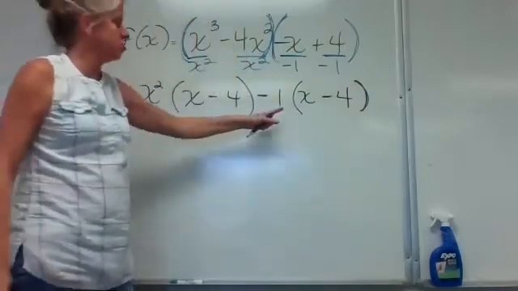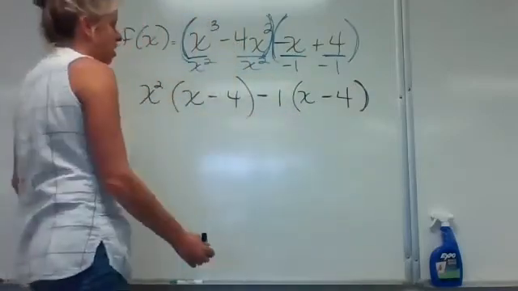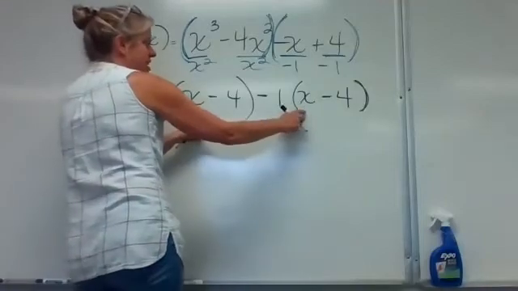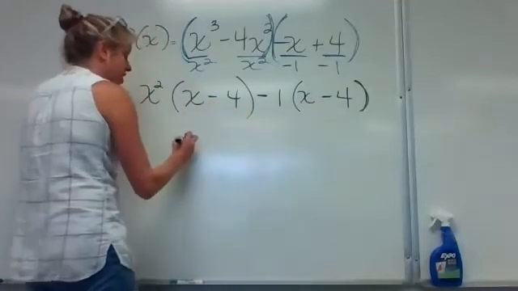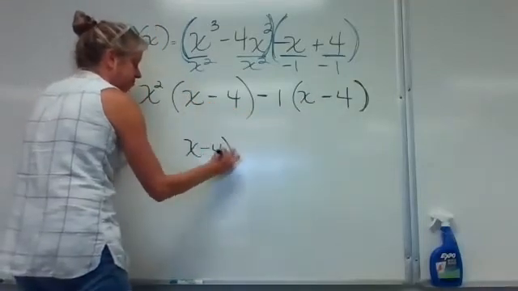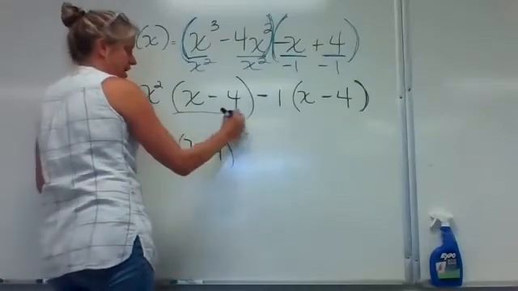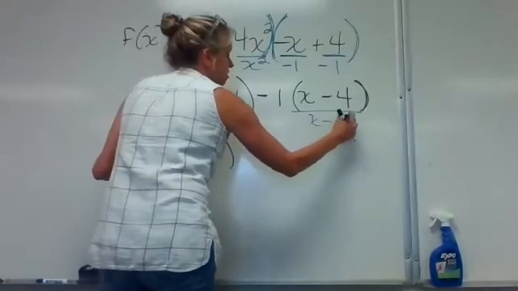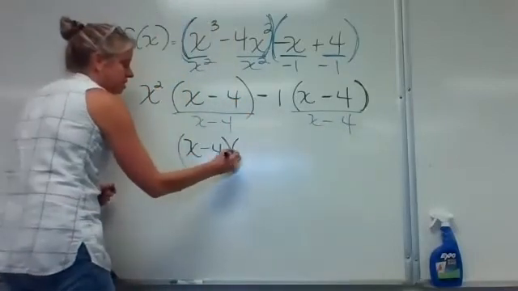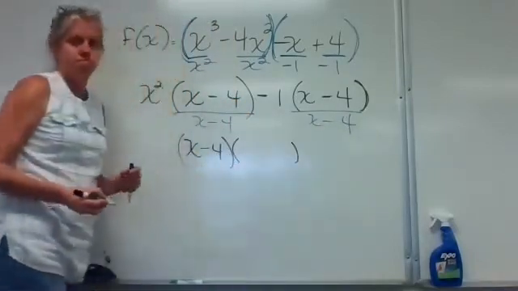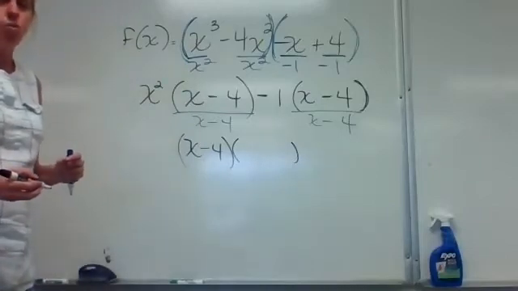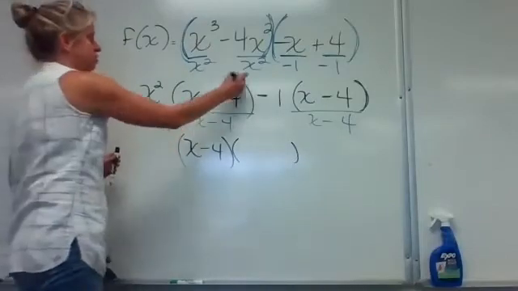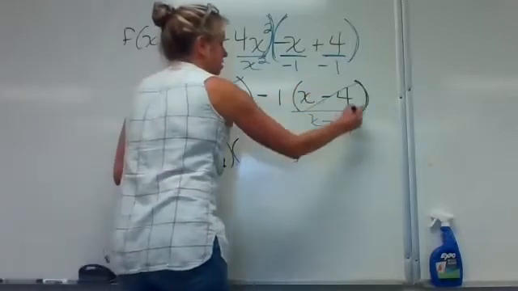Now, here's why these two things have to match. The last part of this kind of factoring is these match, so I can pull those out. So just like I did earlier, if I pulled it out and put underneath here in my second parentheses, what's left if you took out the x minus 4s?